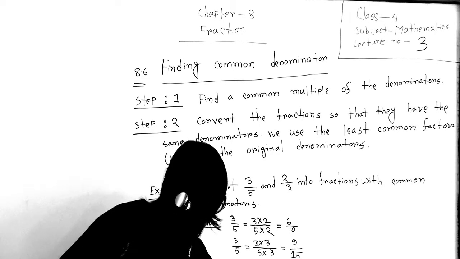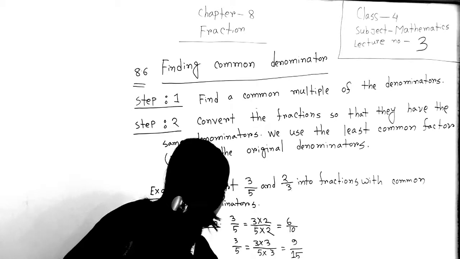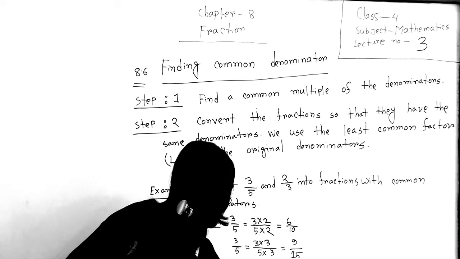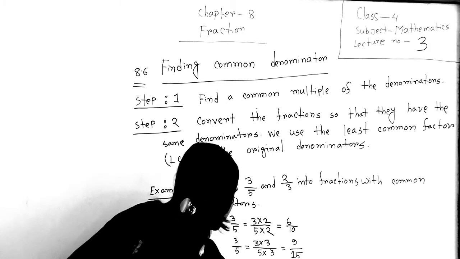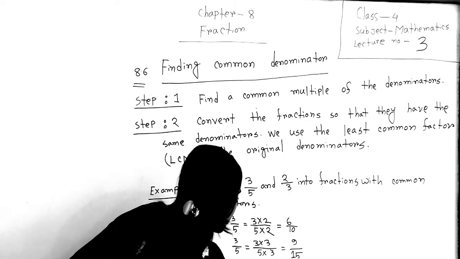And 3 divided by 5 equals, 3 is multiplying by 4 and 5 is also multiplying by 4, and so on.